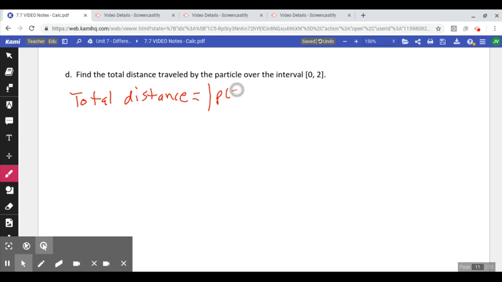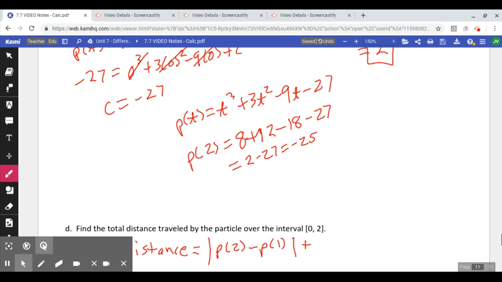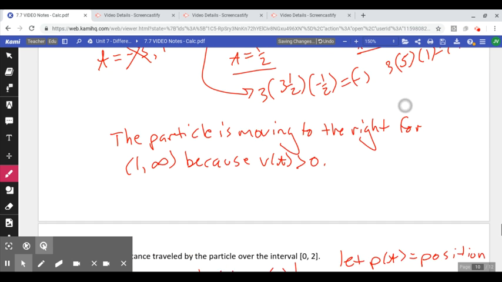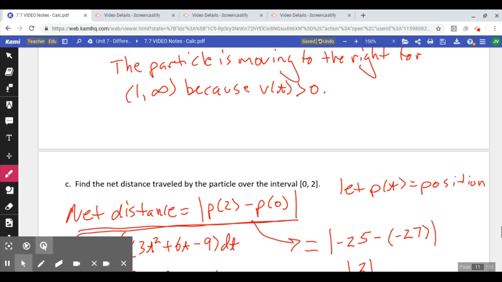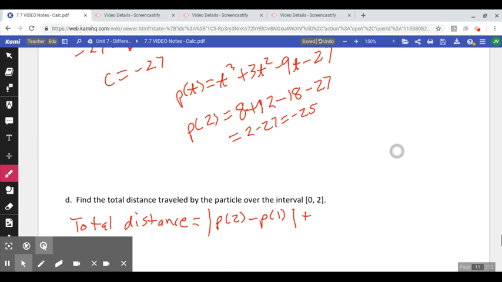So this will be P at 2 minus P at 1, and we're using P at 1 because when t is equal to 1, the velocity is changing from negative to positive, so the particle is going from moving to the left to then changing directions and moving to the right again.